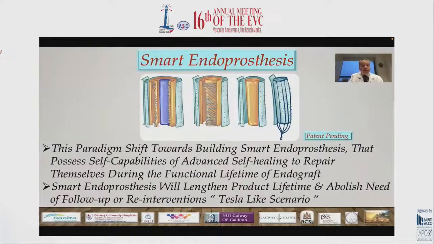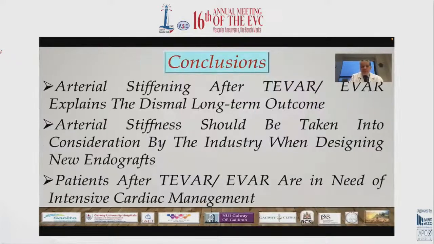This paradigm shift towards building smart endoprostheses that possess self-capabilities of advanced self-healing to repair themselves during the functional lifetime of the endograft will lengthen product lifetime and abolish the need for follow-up or re-intervention. It's like the Tesla-like scenario car. You don't need any sort of servicing because it just goes on electricity.